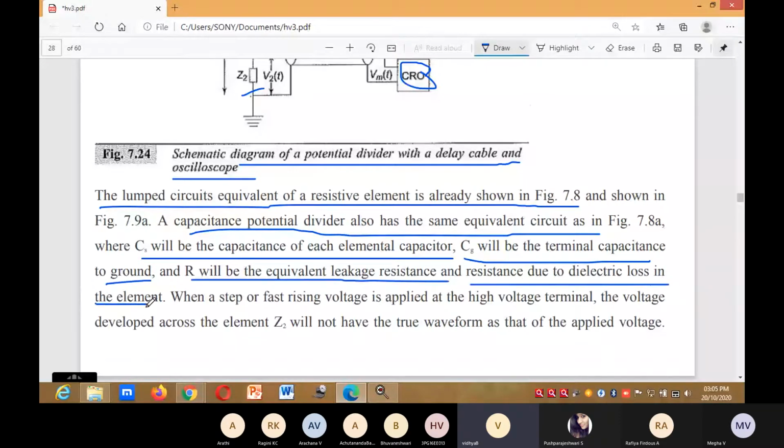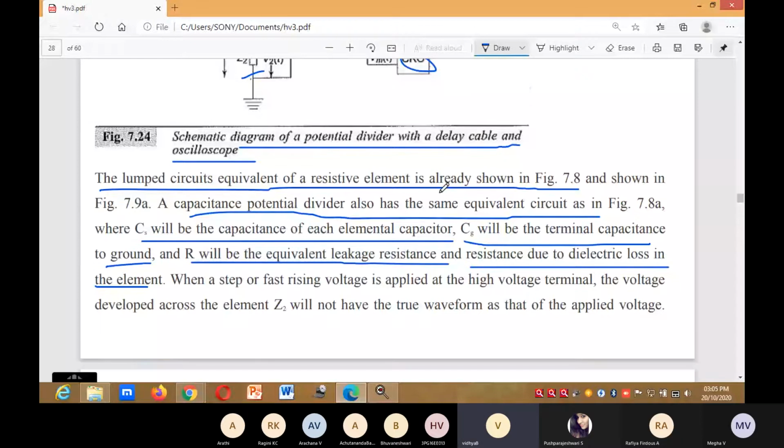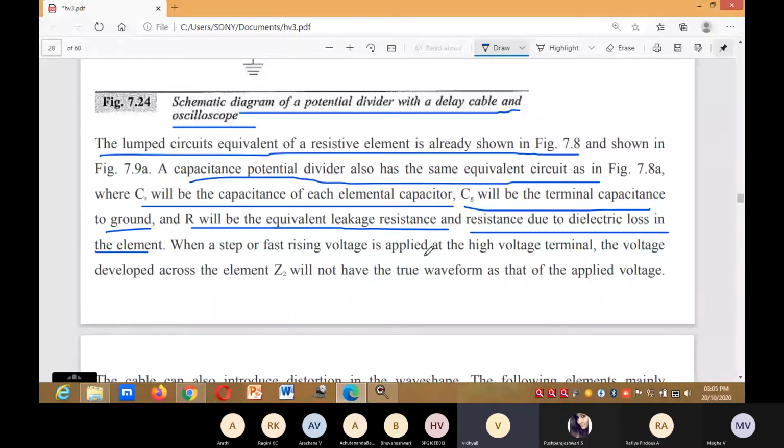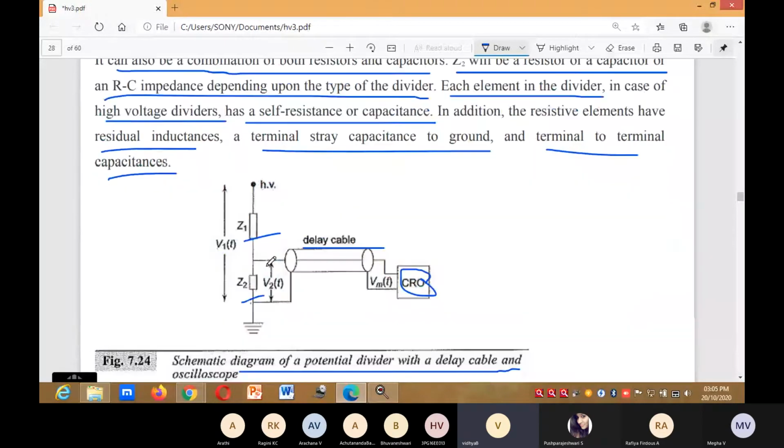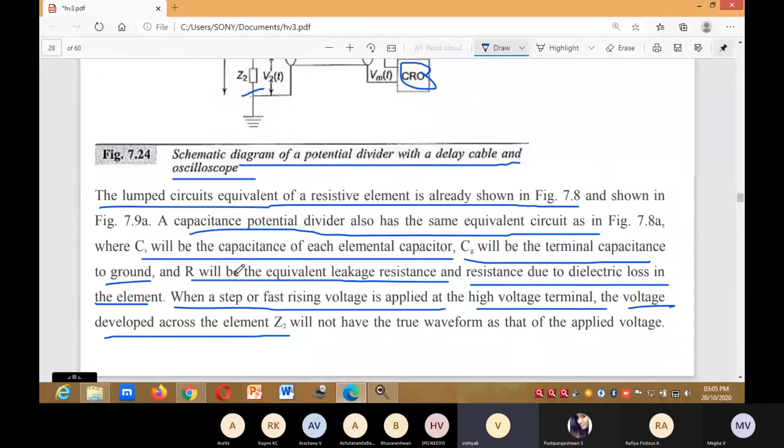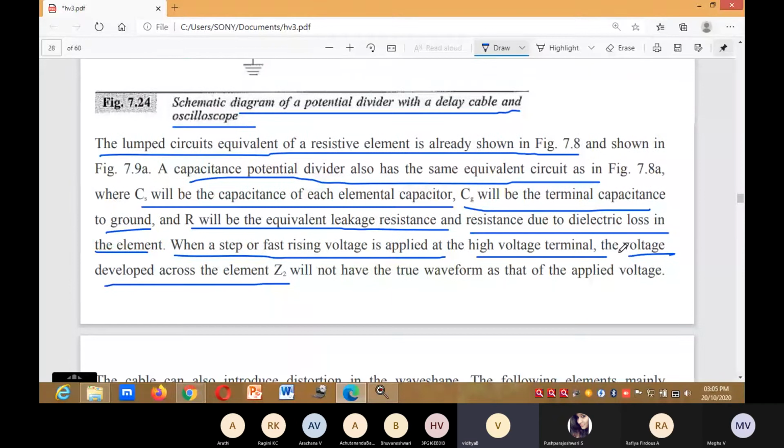When a step or fast rising voltage is applied at the high voltage terminal, the voltage developed across Z2 will not have the true waveform of the applied voltage.